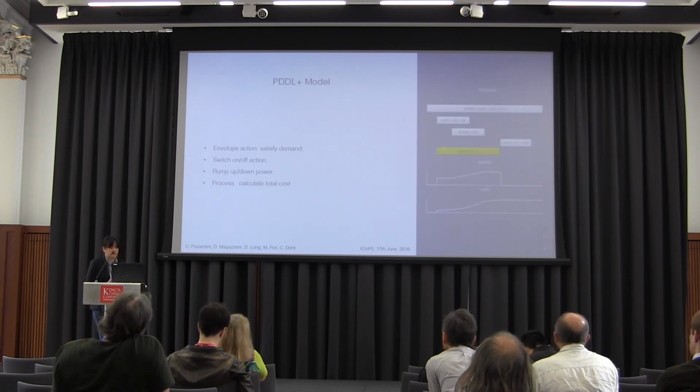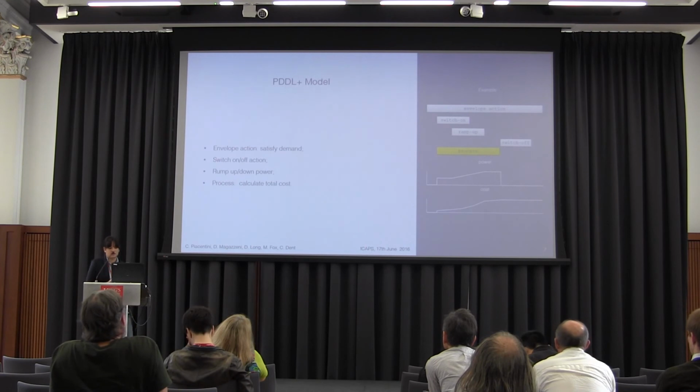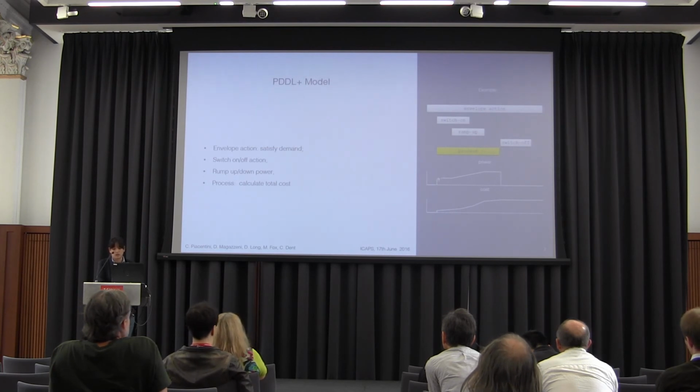And this is just an example of what a plan looks like. You can see, for example, here we are switching on a generator. So we have power that then we increase here until we switch off the generator.